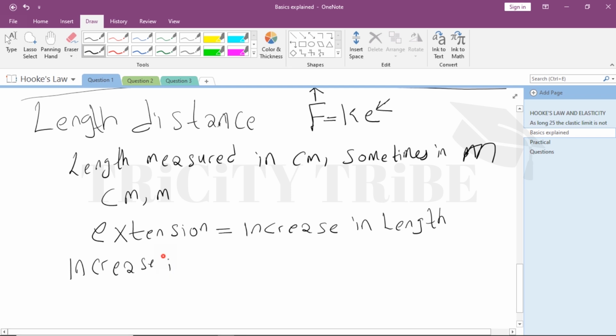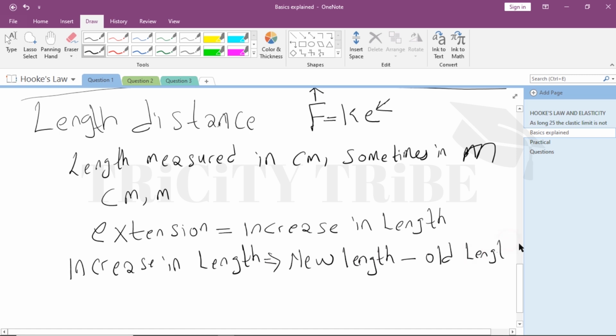Your increase in length, which is your extension. How do you calculate it? It is your new length minus old length. It depends on how the question is worded.